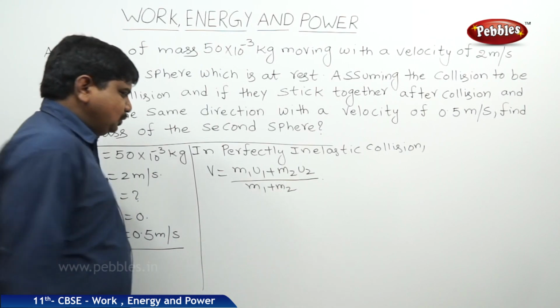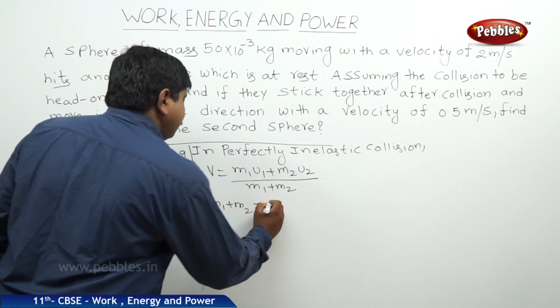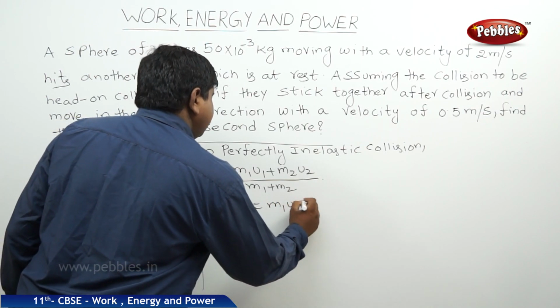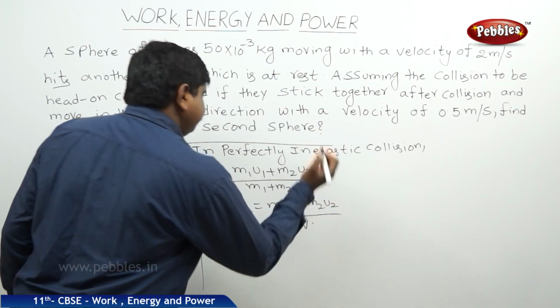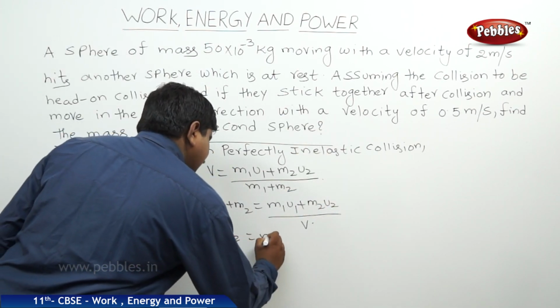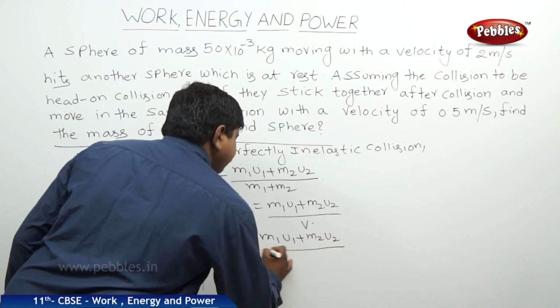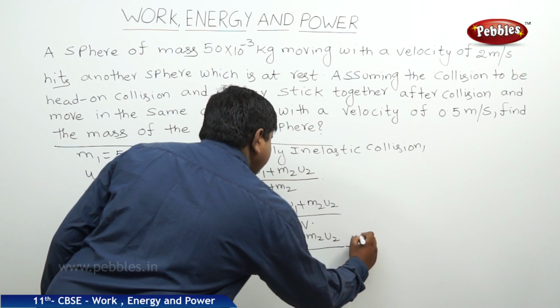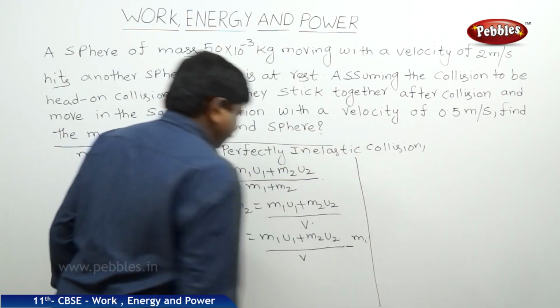We should find out m2. Therefore, m1 plus m2 is equal to (m1 u1 plus m2 u2) by v. Therefore, m2 is equal to (m1 u1 plus m2 u2) by v, minus m1. So after the substitution, the values will be like this.